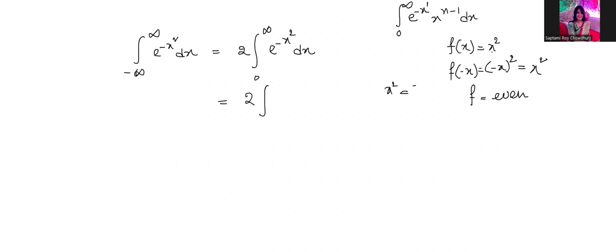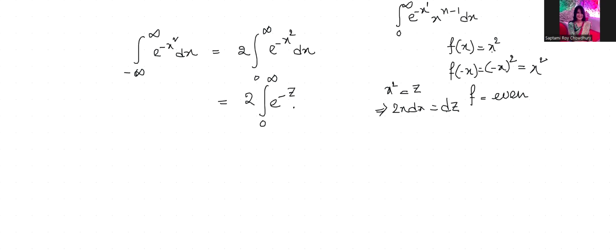That means 2x dx equal to dz. The limit is as it is, 0 to infinity, e to the power minus z. If we put 0 to infinity in the square, it is the same, infinity, so 0 to infinity. Now, here we have to put the dx value. The dx value is dz by 2x.